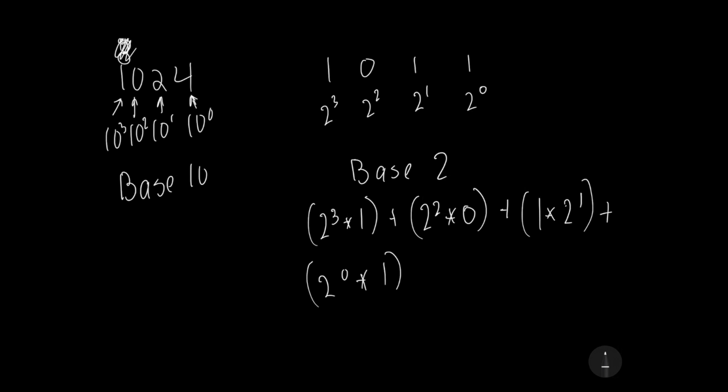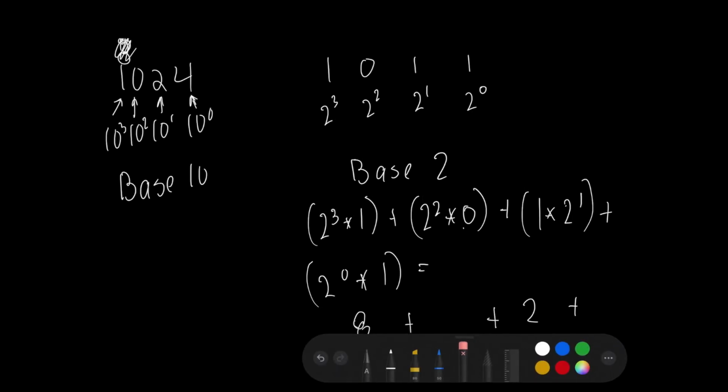Okay? And we're going to add all of that up, and that's going to be 8 plus 4 plus 2 plus, oh wait, this was 0, so actually, let me just erase this right here. My bad.